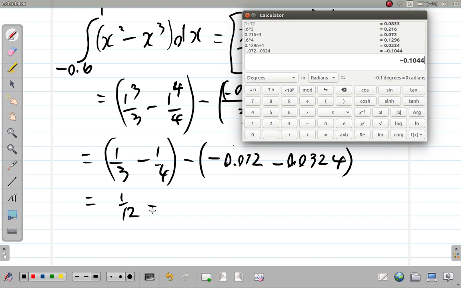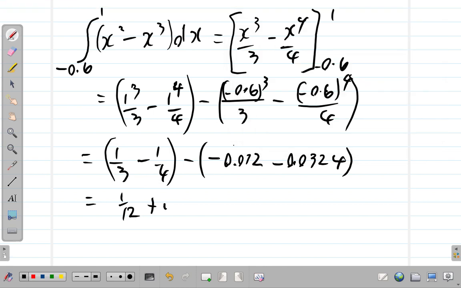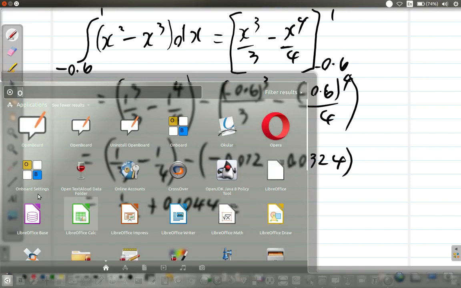Now, 1/12 minus negative 0.1044 means you're going to be adding. So it's 1/12 plus 0.1044. Let's finish off this calculation now.